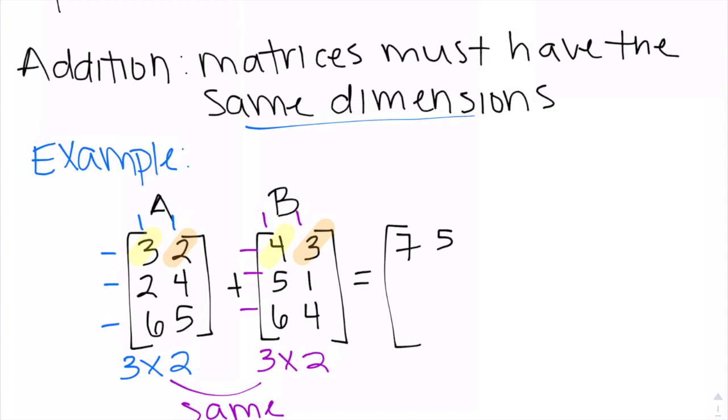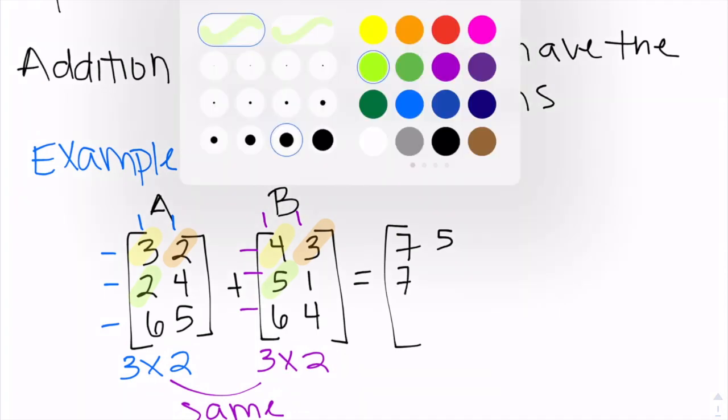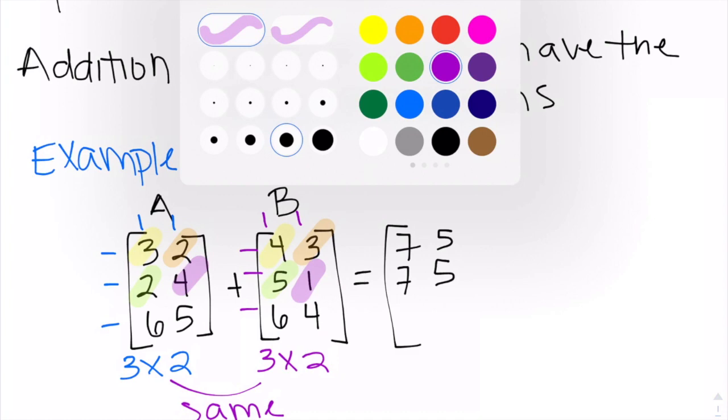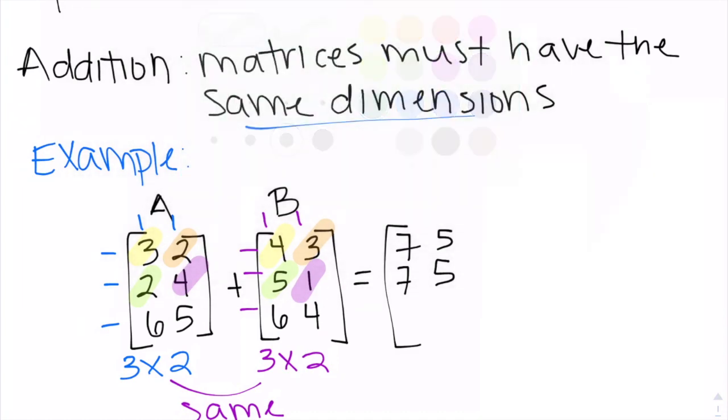And we're going to continue this pattern by adding them together. So 2 plus 5, 4 plus 1, 6 plus 6, and 5 plus 4.